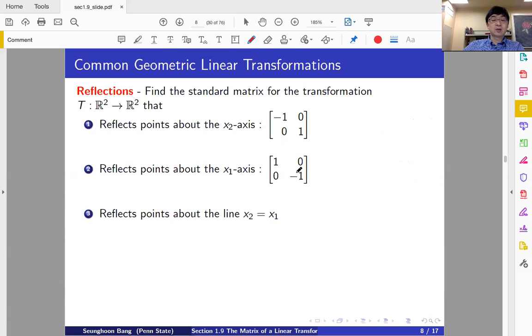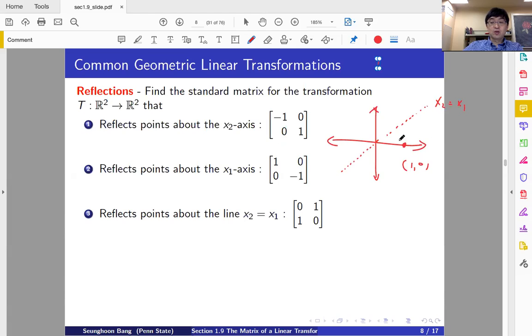Reflect points about the line x2 equals x1. We have this result. So we have this one. Here, x2 equals x1 is right here. We have this point. This point is 1, 0. You have to reflect about x2 equals x1. Reflect here.